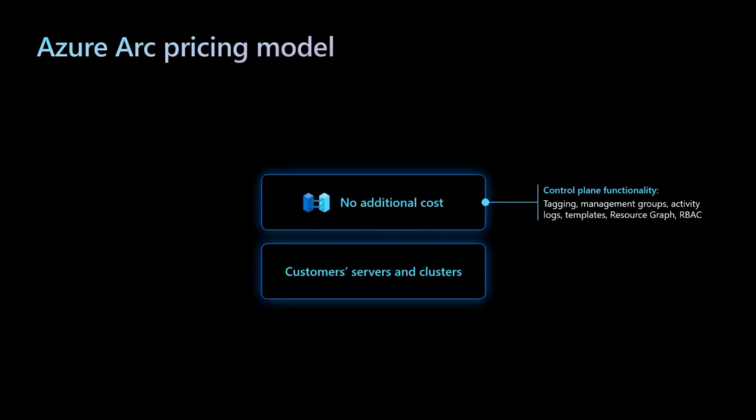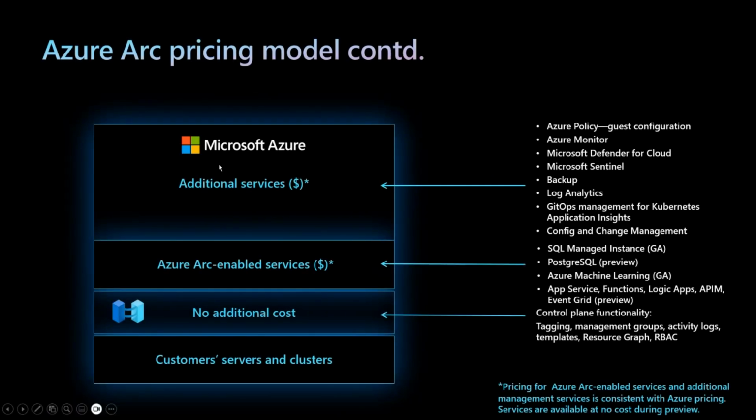Some of the customers and pricing: I know I already mentioned there is no additional cost for Arc enablement itself, but there is some additional cost associated when we go with guest configuration policies, monitoring, and Defender, depending on which services you are taking or registering for, how many logs are being transferred or stored on Azure, and so on.